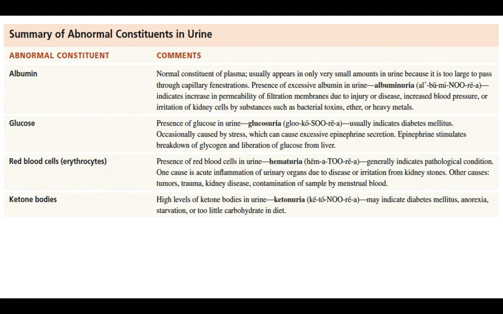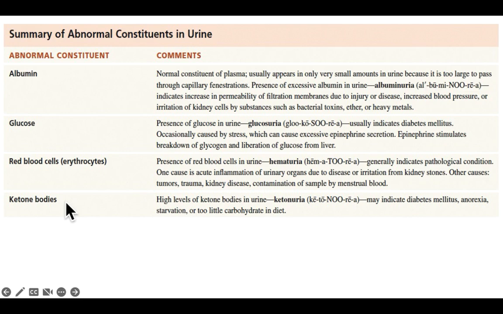If it is in urine, we need to look for the reason. Could be inflammation of, say, the kidney. It could be irritation from kidney stones. Could be a tumor or trauma. Or it might just be a contaminant. It might just be a contamination from menstrual blood from females.